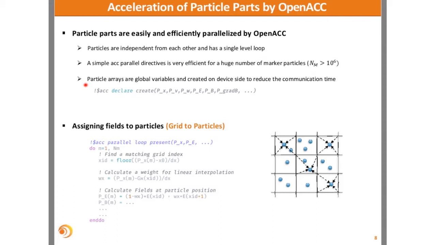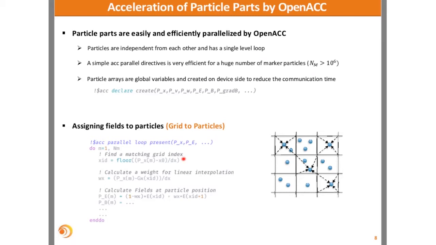So to remove that, we create all particle information as global variables on the device side. So we don't need communication between the CPU and GPU, except for some diagnostic routines. For example, for assigning fields to the particles, we just need this one ACC parallel loop directive with this present clause.